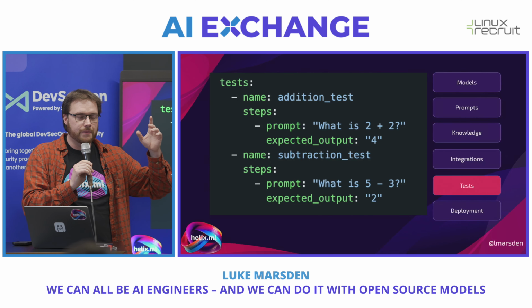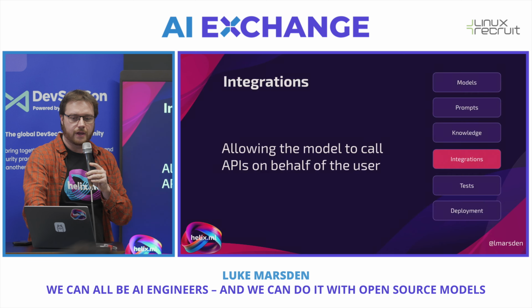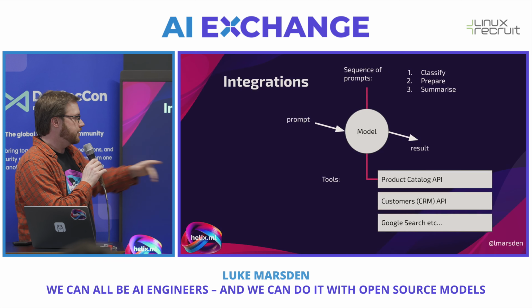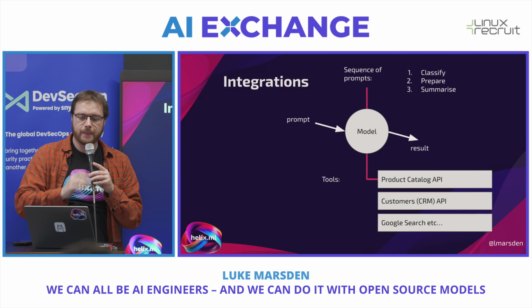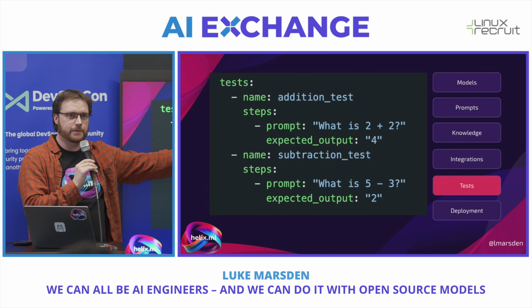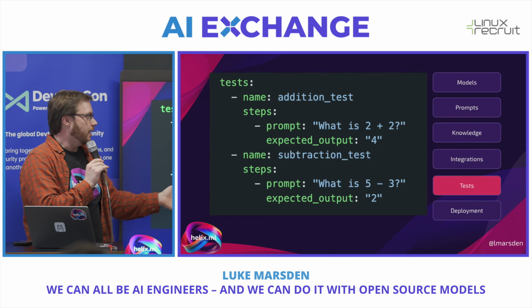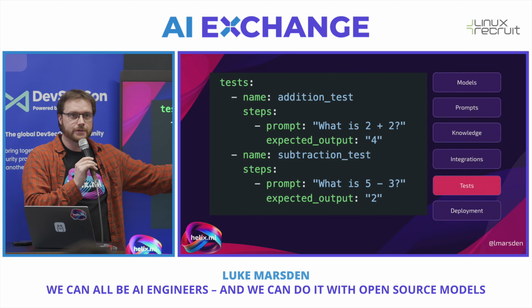So you basically have an integration style test where maybe you've done an API integration with your product catalog API. You can then say, when I ask for this type of bread in my bakery, I expect to get a certain response, and it should be relevant. And so you can describe the expected output in natural language.